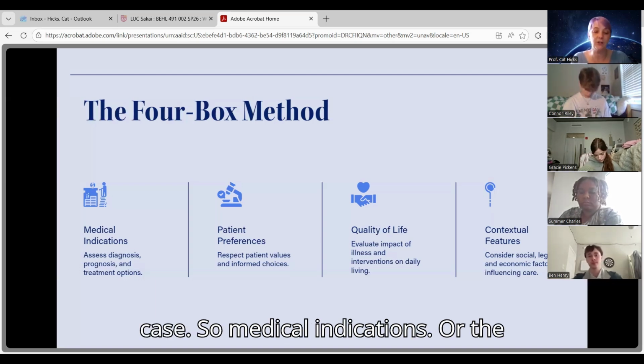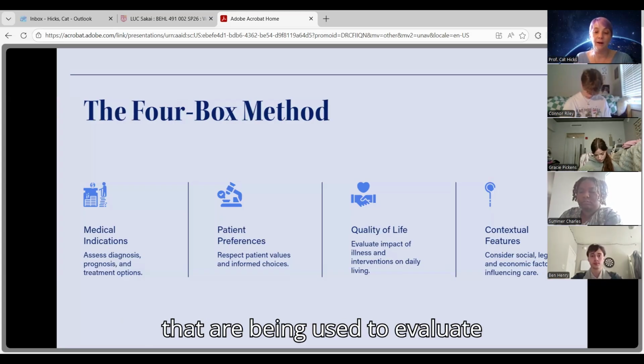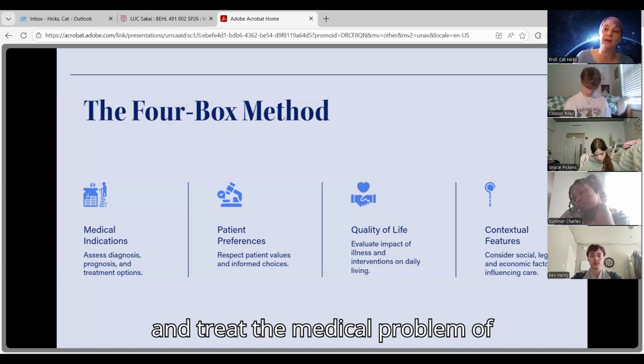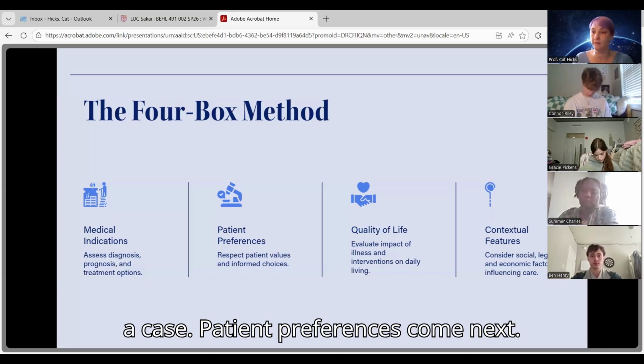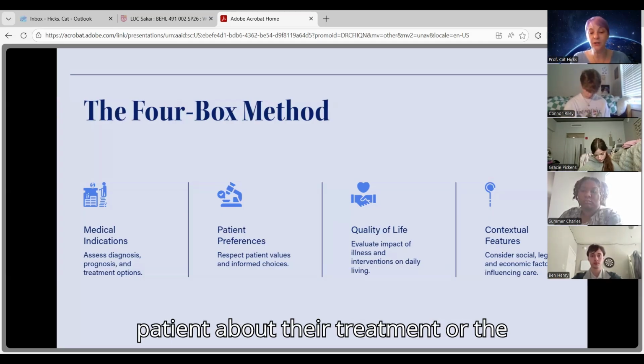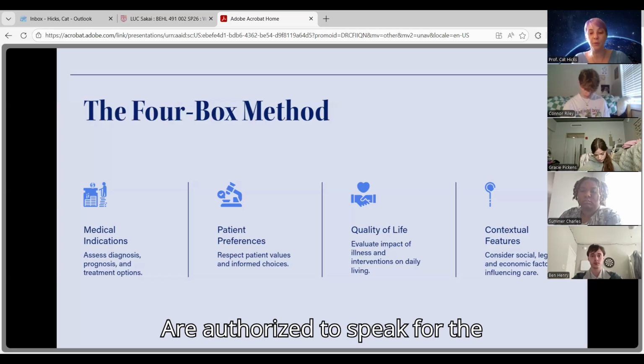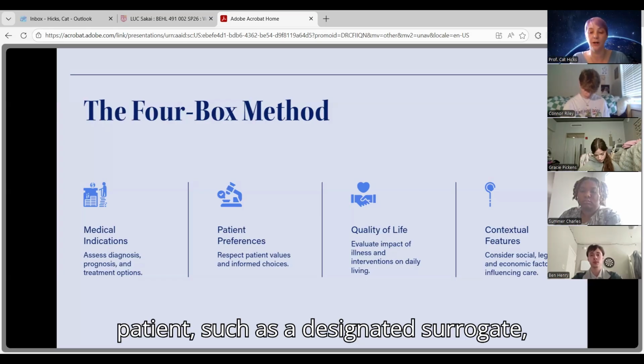So medical indications are the diagnostic and therapeutic interventions that are being used to evaluate and treat the medical problem of a case. Patient preferences come next. They express the choices of the patient about their treatment or the decisions of those who are authorized to speak for the patient, such as a designated surrogate.